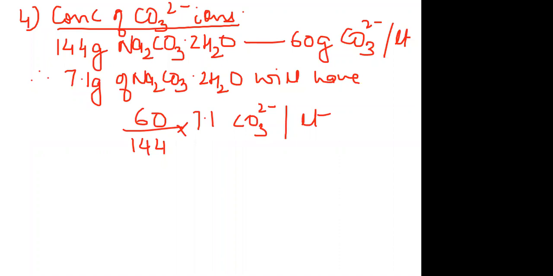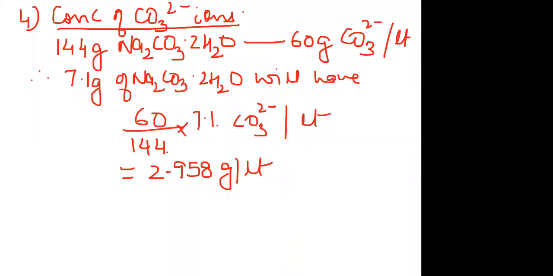This will be in grams because 60 is grams, 7.1 is grams, 144 is grams. So ultimately your answer will come to 2.958 grams per liter. So this was your experiment number 3, in which the numerical value of X, that is the number of molecules of water of crystallization, was to be calculated.